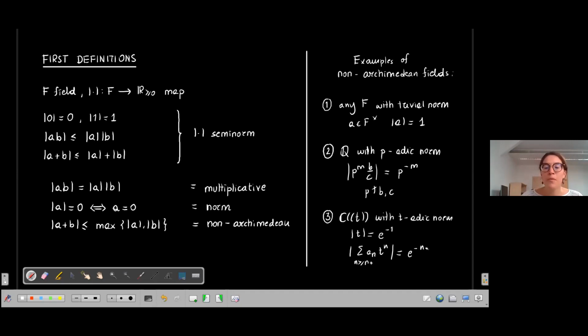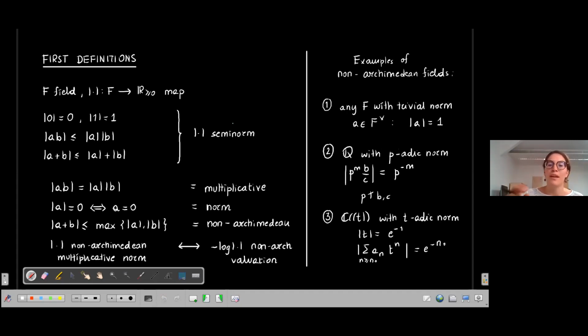And then the second remark is that maybe you are familiar with the additive notation. So maybe you have heard about the p-adic valuation and also the valuation associated to C double bracket T, where one is the multiplicative notation, the other is the additive notation. But basically we can pass from a non-Archimedean multiplicative norm to a non-Archimedean valuation just by taking a logarithm or an exponential.